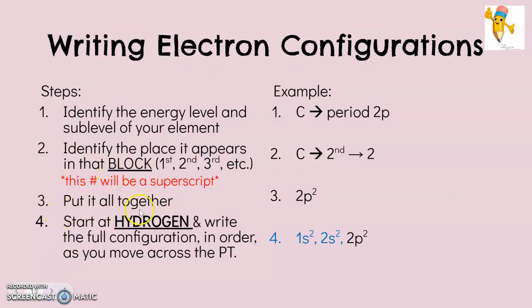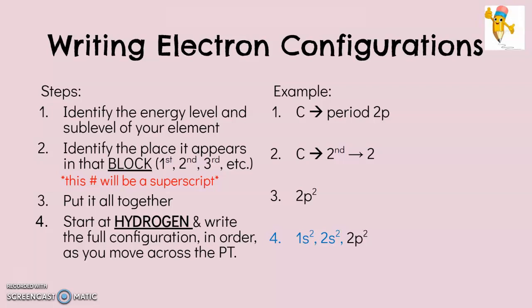Then you put it all together. So 2P2 is going to be the final code in electron configuration. Now we're not done, because even though that configuration is for carbon, when you're writing electron configuration, you have to write the configurations for every single element before it, okay?